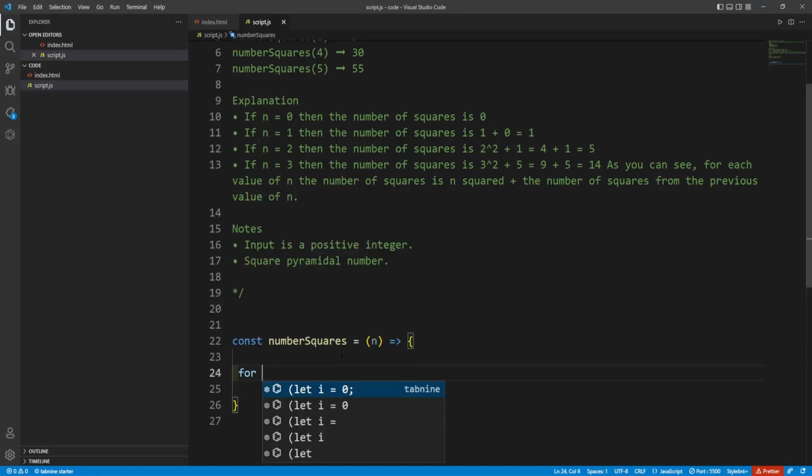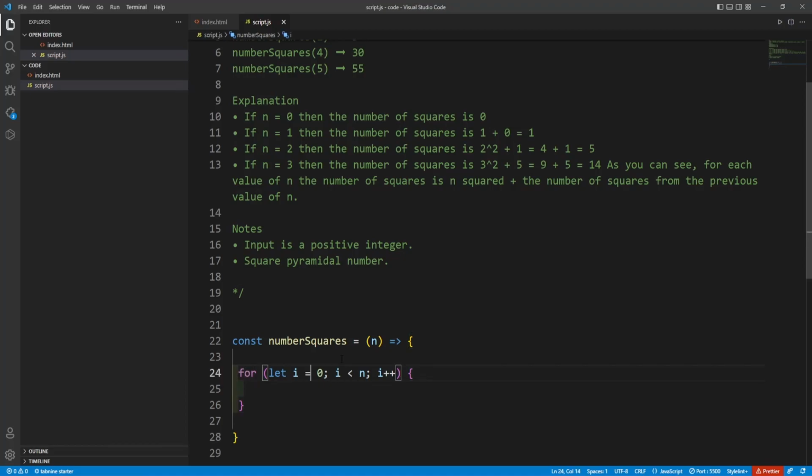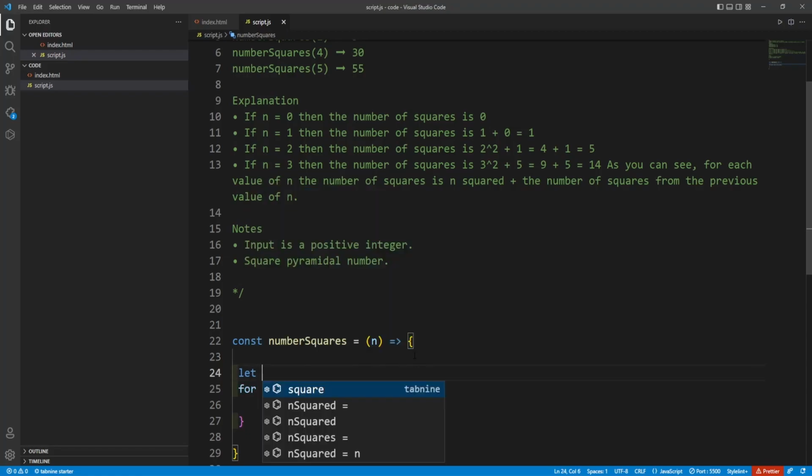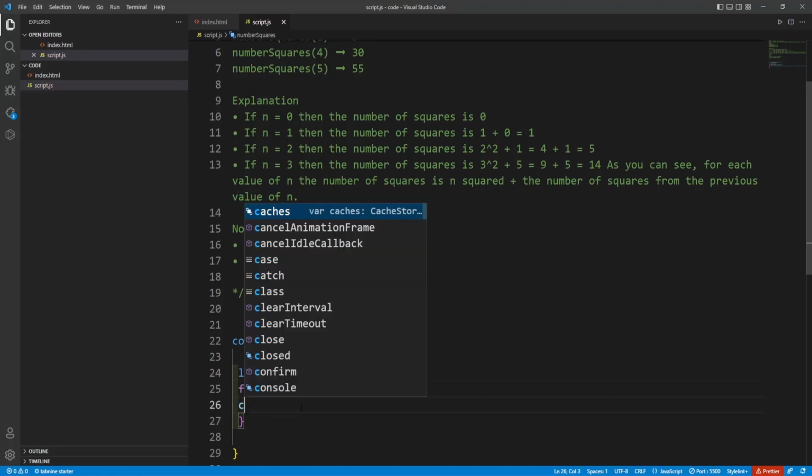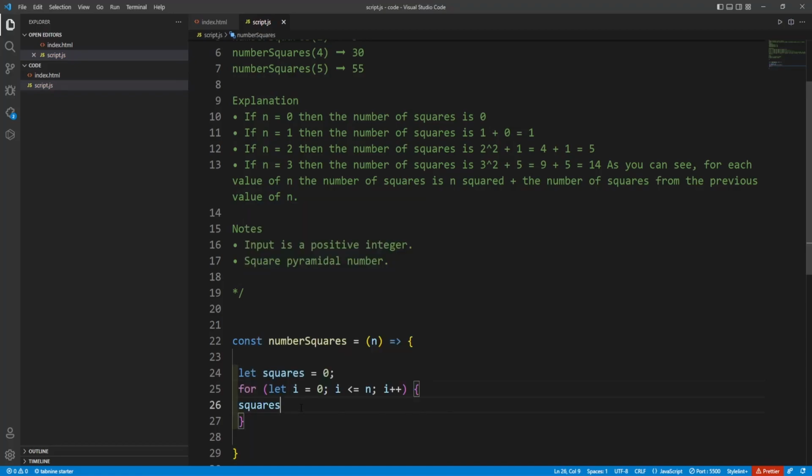So for i is equal to 1, it has to be less than or equal to n, and let squares is equal to 0. And now squares is going to be addition.